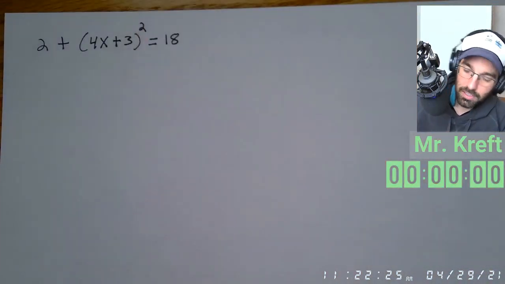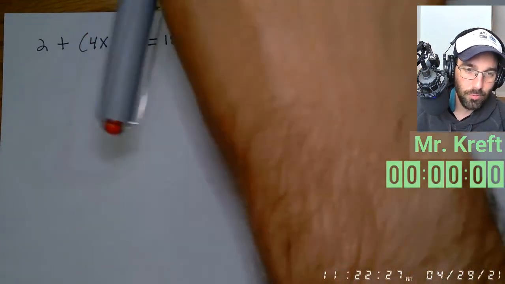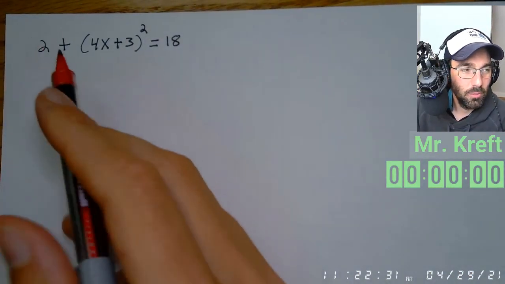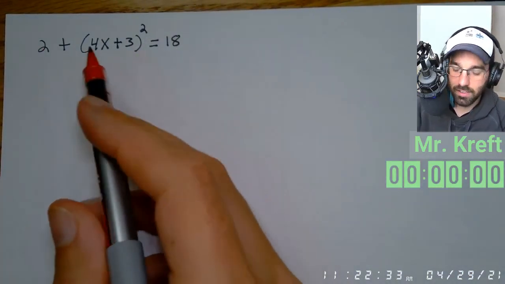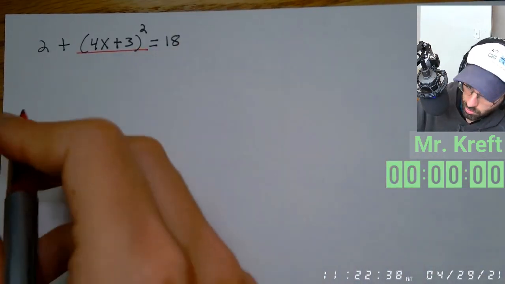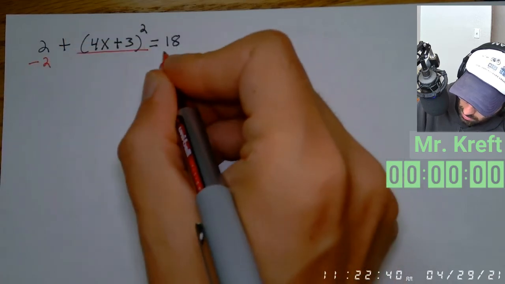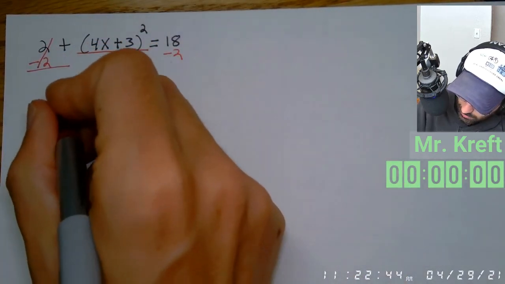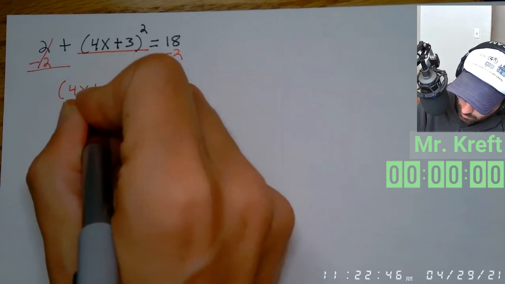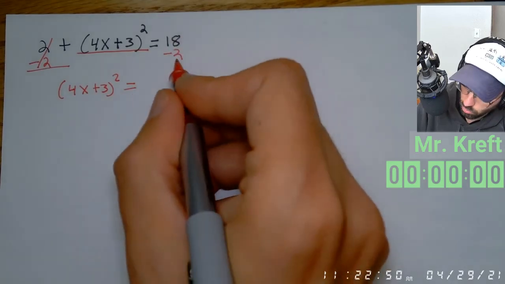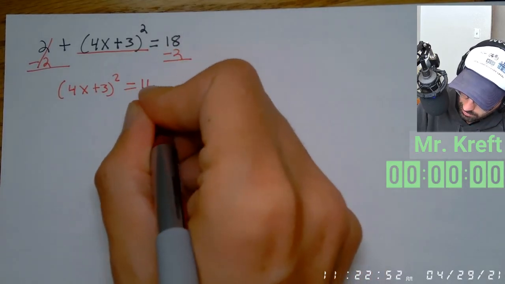All right. Let's take a look, guys. Hopefully, right, we're building that confidence, and then we're seeing what's going on. So the first thing I'm going to look at is, right, my squared term is right here, so it's not alone. So I'm going to subtract 2 from both sides. So I get the quantity of 4x plus 3 squared equals 18 minus 2, which is 16.